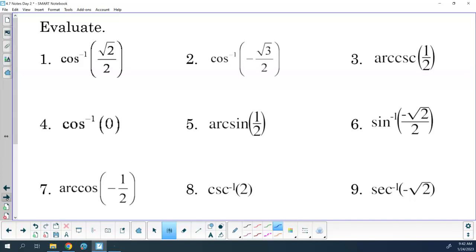So in number 1, it says, where on the top half of the unit circle is cosine root 2 over 2? Pi over 4, right? Where is the x value of the square root of 2 over 2? I go top half, and I'm only looking top half, so I'm looking at x's. Yep, boom, pi over 4.